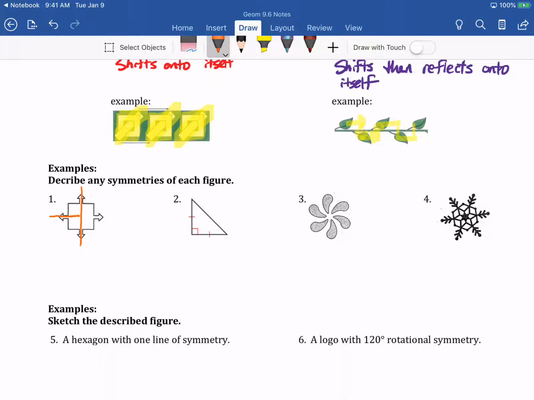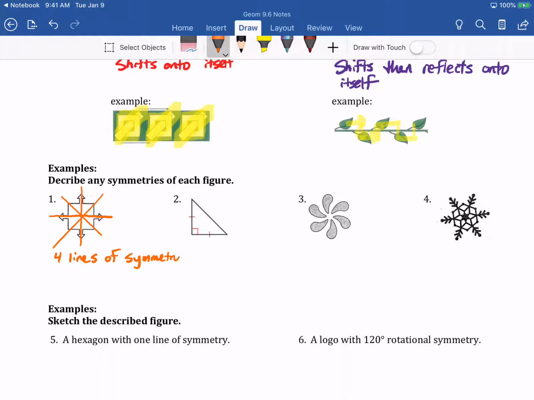And I can also do that through the middle horizontally. Now this one actually has two others hidden in here. If I make this diagonal line here and this diagonal line here, I've got another couple lines of reflection. So this has reflectional symmetry. It has four lines of symmetry.